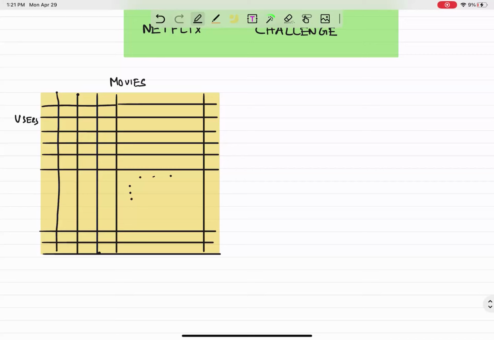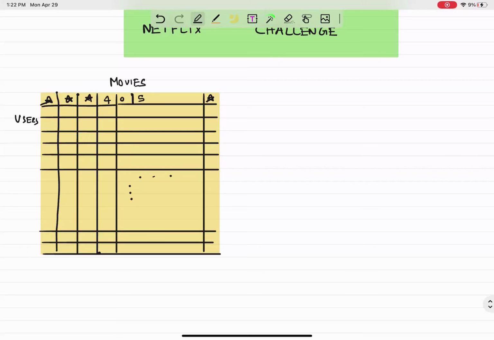Each user rates some movies. Maybe some movies are rated 4, some are 0, maybe this is a 5. And a star indicates that that user did not rate that movie.